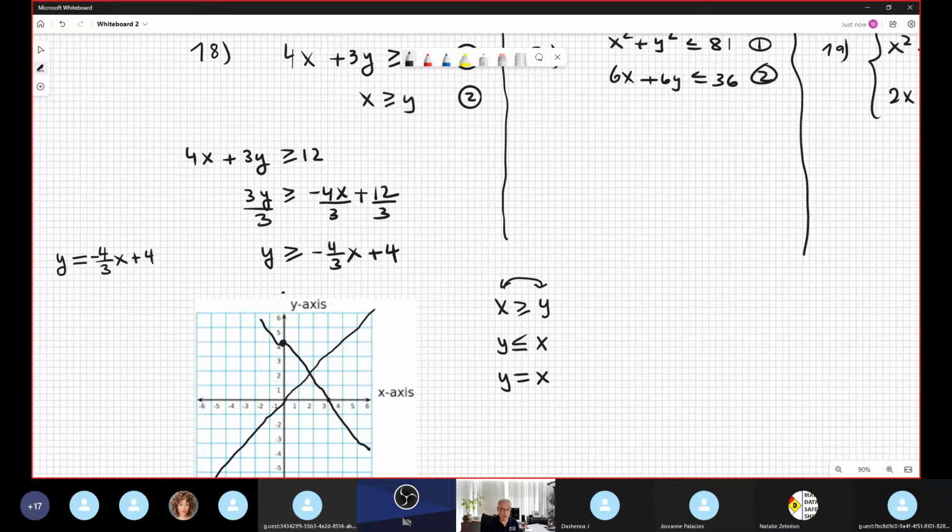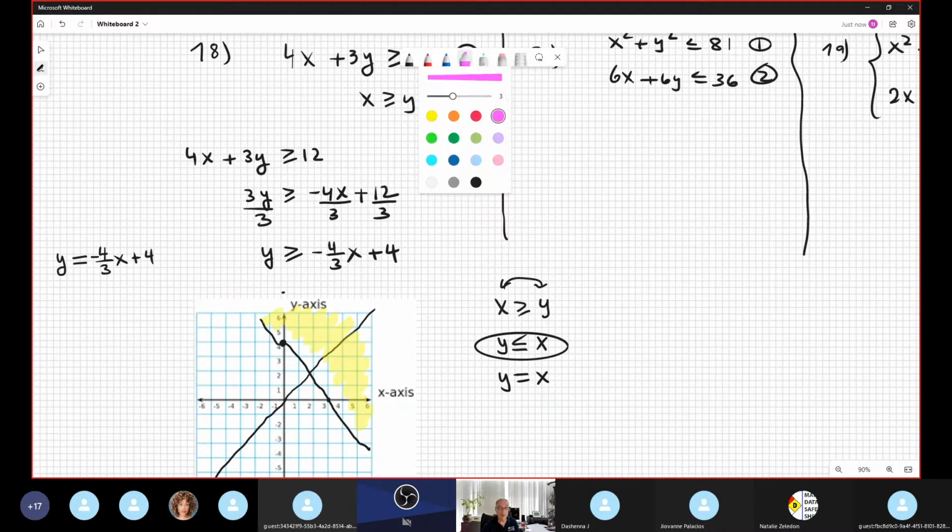Okay. Again, the same idea: you highlight above the line here, and here exactly the same, but you highlight way below the line. And below, let me try to use another color, maybe pink. It's like that.